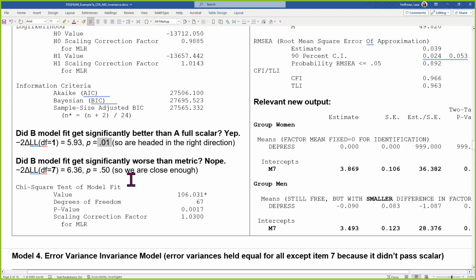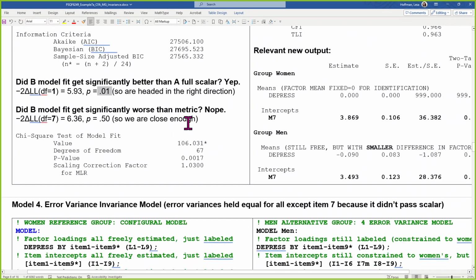So yeah, we're headed in the right direction. Are we there yet, I think is how I would phrase the other one. Like, is this good enough yet? That involves comparing the last metric model to the current partial scalar model. And in that case, now a degrees of freedom of 7, because we let one of the intercepts go, tells us yes. Non-significant means not worse, means we're done. Hooray.